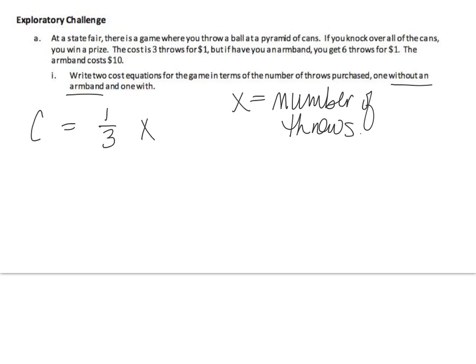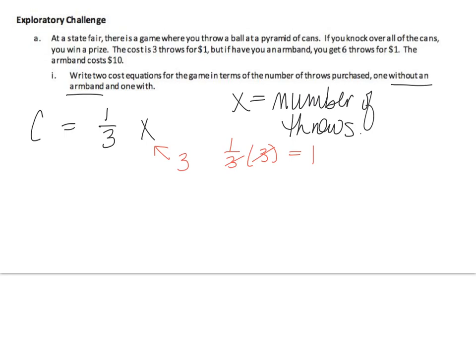So if we have 3 throws, we would have 1/3 times 3, which is $1, right? So my first equation makes sense: 1/3 times X. Cool, that's without the armband.